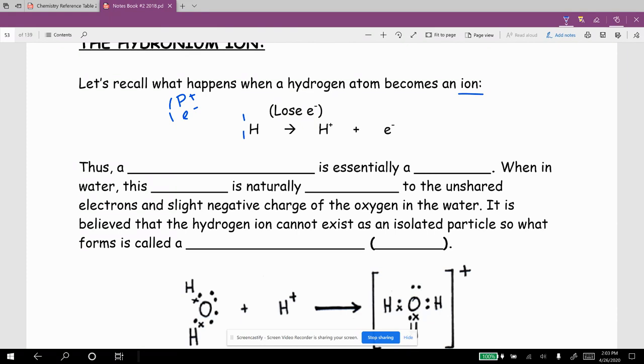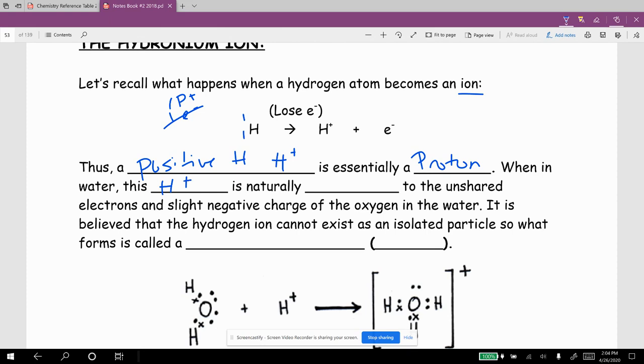All that's left if I lost that electron is a proton. So the positive hydrogen, our H plus, is essentially just a proton.